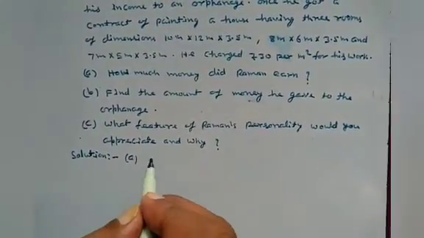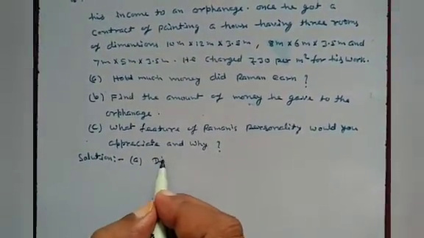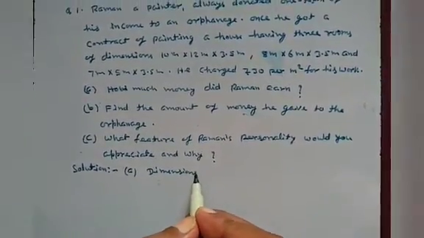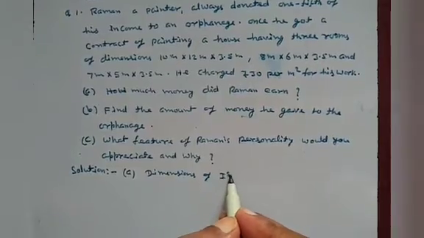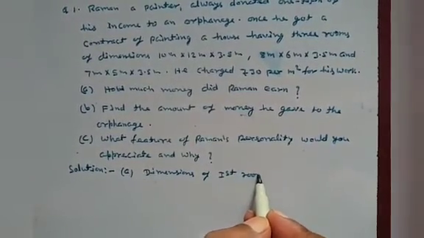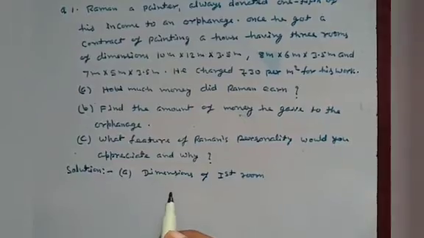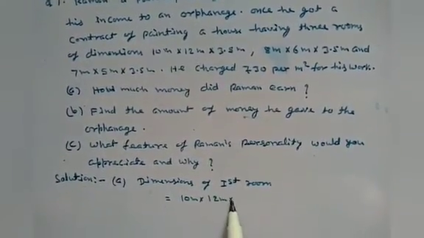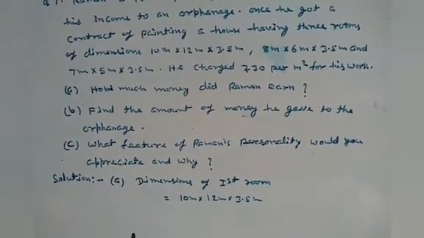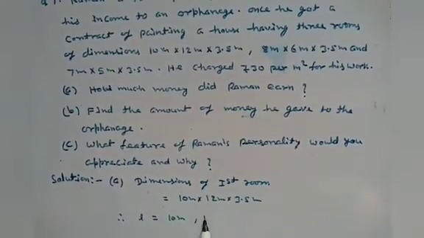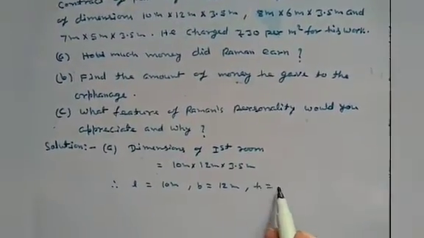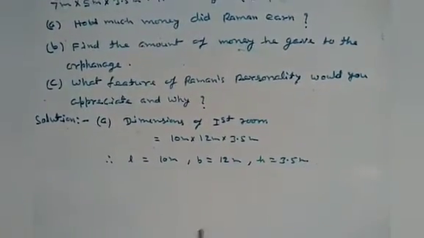Number A. Dimension of the first room equal to 10 meter into 12 meter into 3.5 meter. So length is equal to 10 meter, breadth is equal to 12 meter, and height is equal to 3.5 meter.